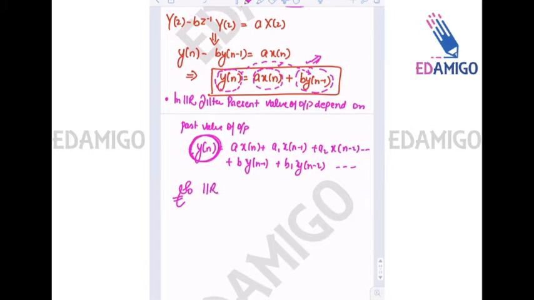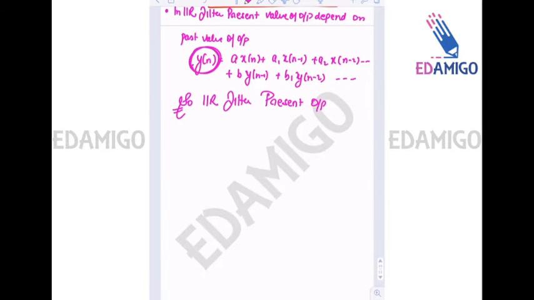So for an IIR filter, the present output depends on the present and past inputs and also the past outputs.